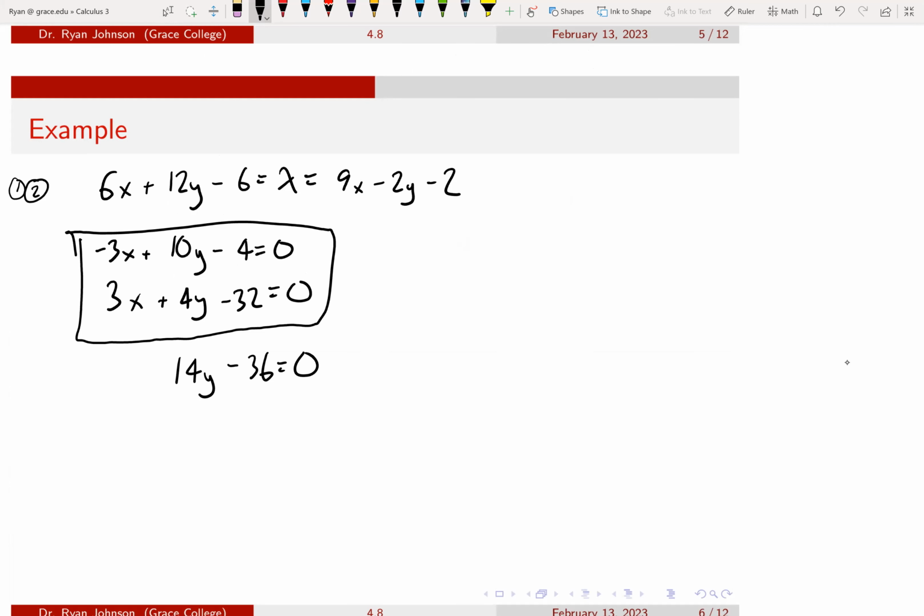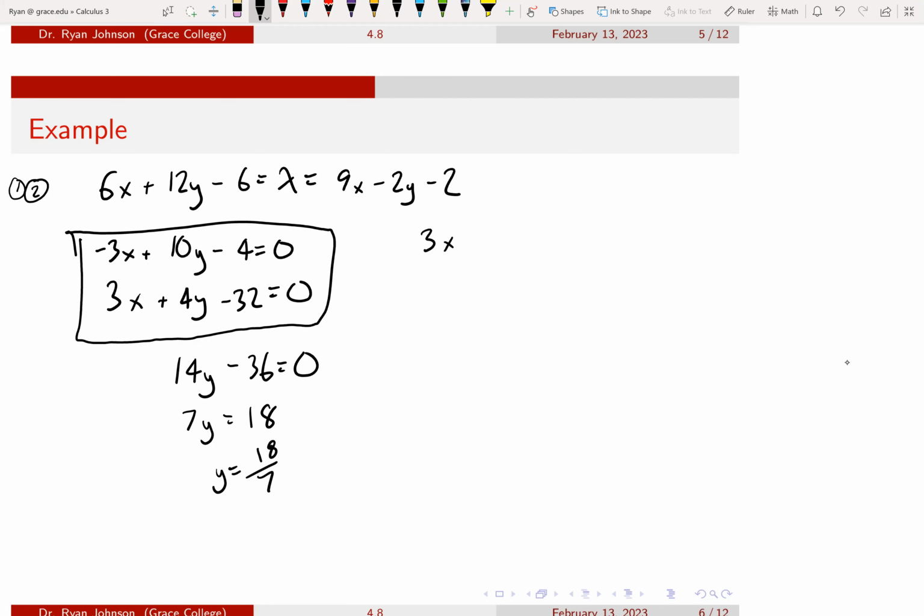Well, looky there. So then I can divide that by 2. So 7y, 36 divided by 2 is 18. So y equals 18 over 7. And then x, let's see. Neither of them is simple. All right, well, let's just plug that into equation 2 here.